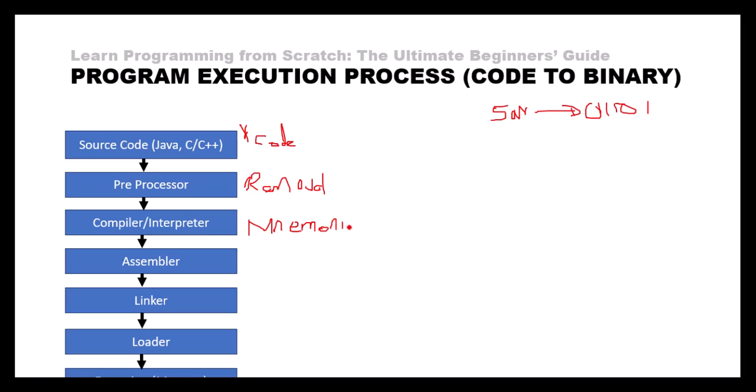The compiler is just going to change the source code that is in Java or in Python into assembly language. So assembly language uses the concept of mnemonics. Mnemonics sounds like a very big word, so what are mnemonics? Mnemonics are just simply keywords that are assigned.